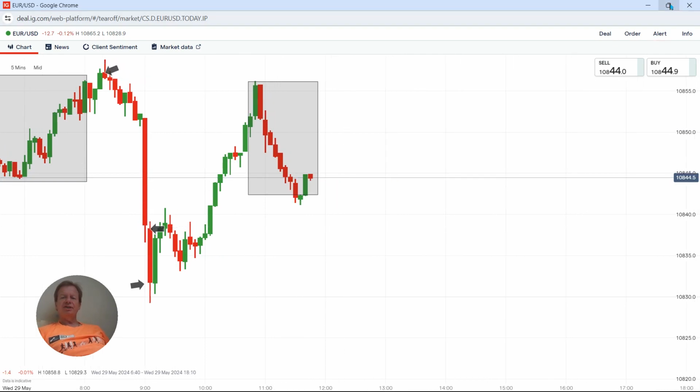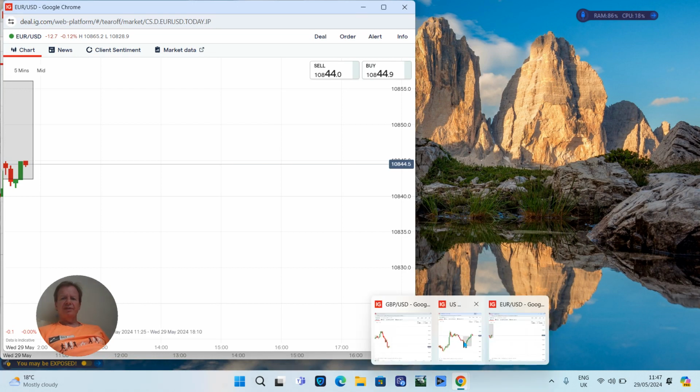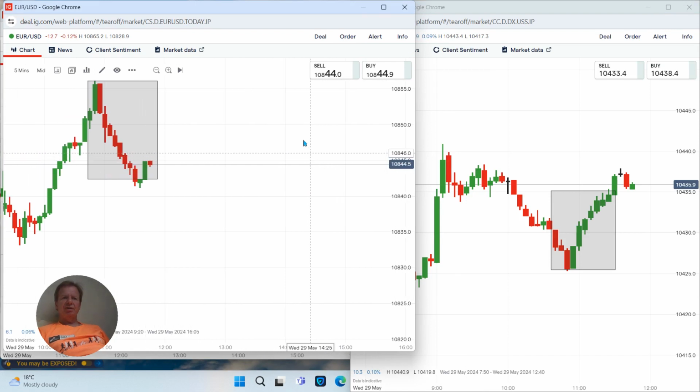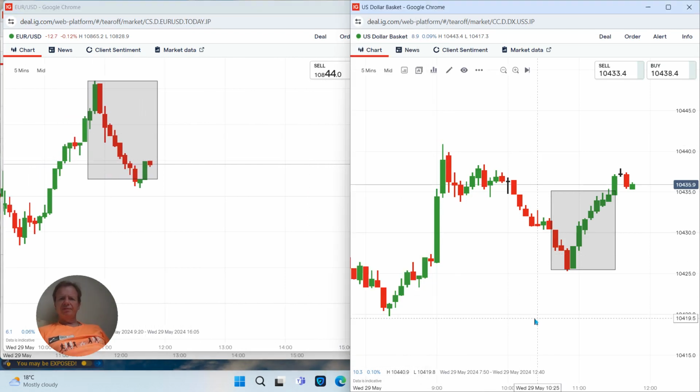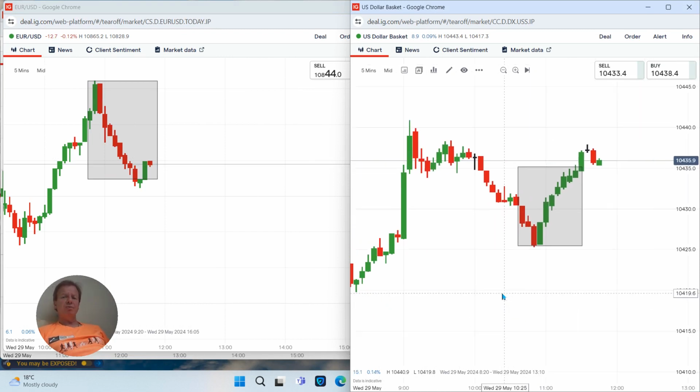And I just want to show you something else. Show you the US dollar basket. I'll keep the Euro US here, and this is the US dollar basket here, okay? Now the US dollar basket is a measurement against a basket of foreign currencies. The main ones in there are the pound and the euro.